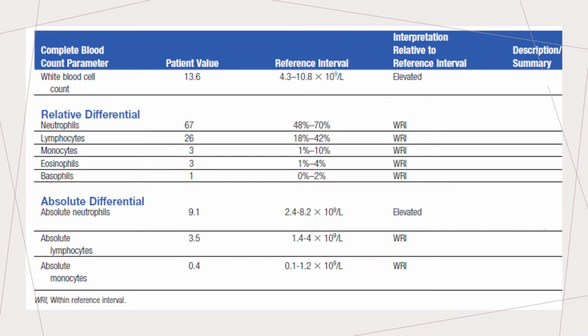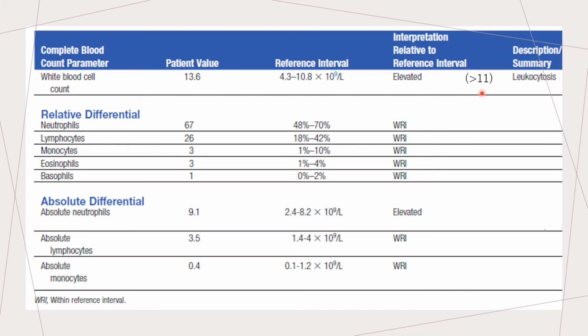Let's take a look at a sample CBC, or complete blood count, result. On first inspection, we can see that the white blood cell count, which is 13.6, is elevated. And when a leukocyte count is more than 11, as mentioned earlier, this would mean leukocytosis.